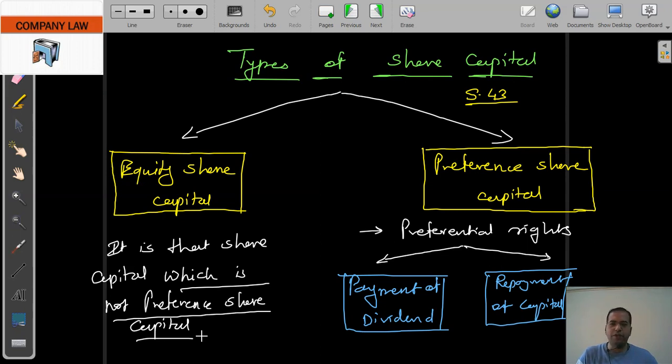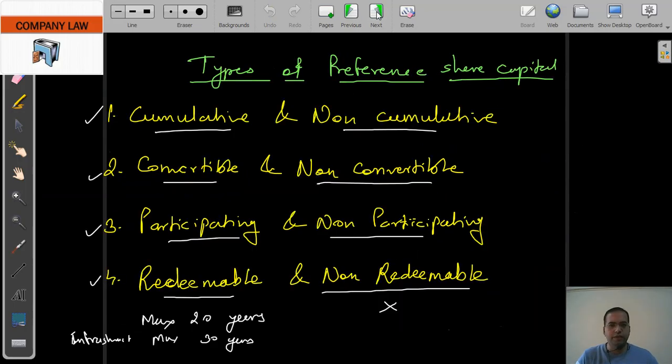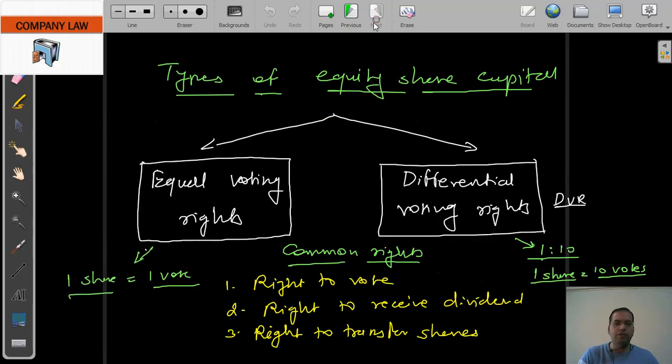Preferential rights, payment of dividend and payment of capital, two rights will be given. Types of preference share capital: cumulative, non-cumulative, convertible, non-convertible, participating, non-participating, redeemable, non-redeemable. As I told you, redeemable can be for a maximum of 20 years. For infrastructure, it is a maximum of 30 years.